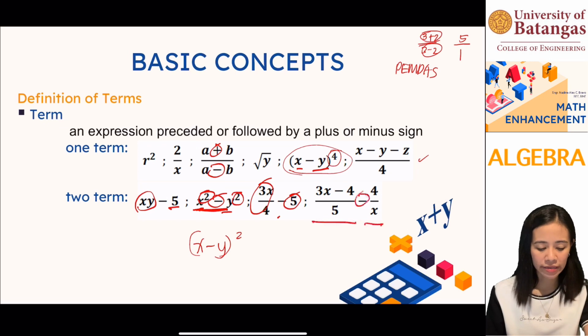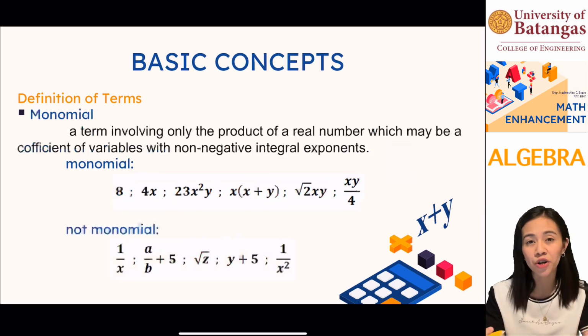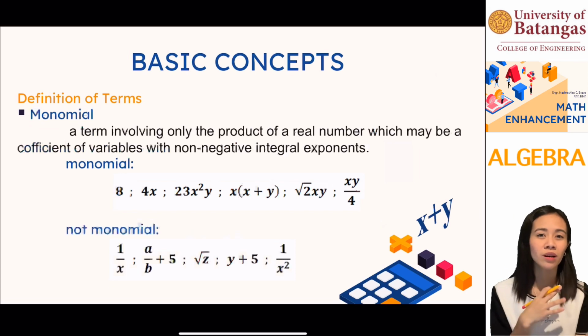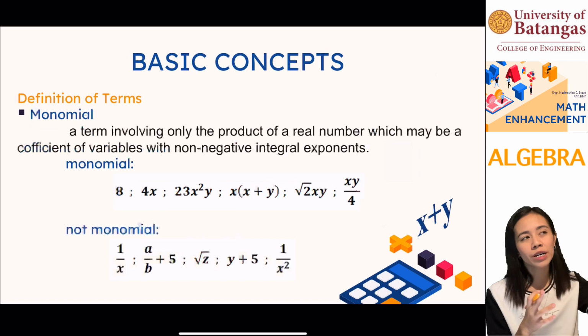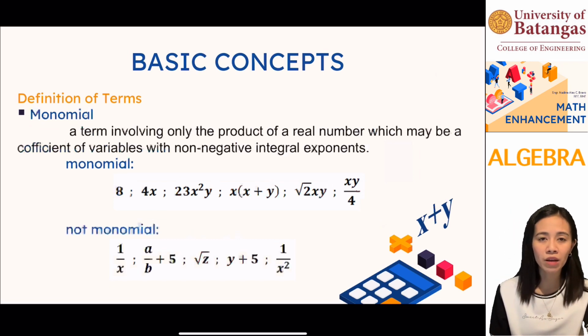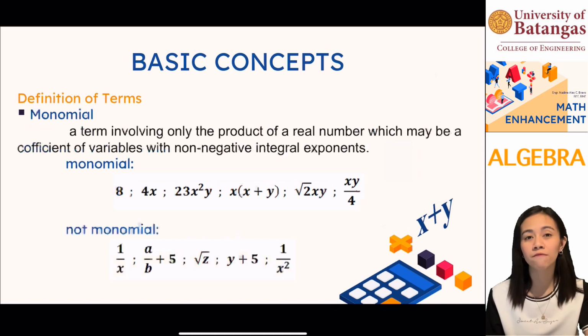Okay? Next is, if polynomial is a collective term for our algebraic expressions, although algebraic expression would be a more general term, okay? Kaso kasi pag sinabi natin polynomials, there are standards to the exponents in the variable. So, yung polynomials natin, pwede natin siyang tawaging monomial, binomial, trinomial, multinomial.